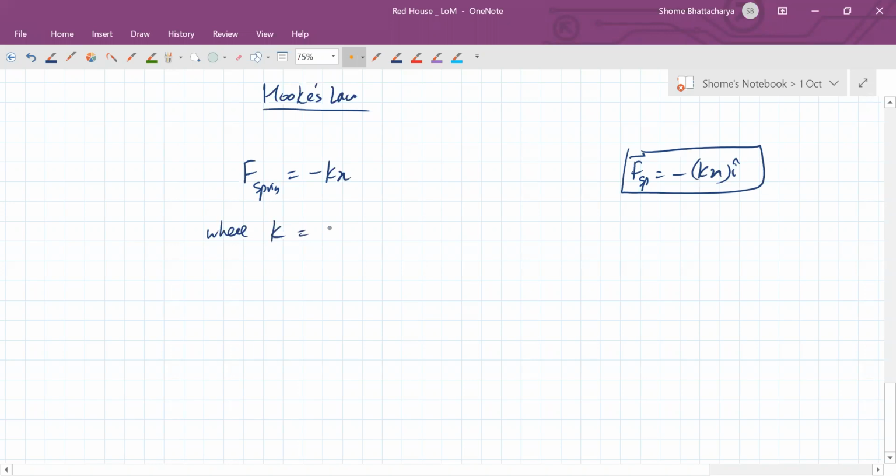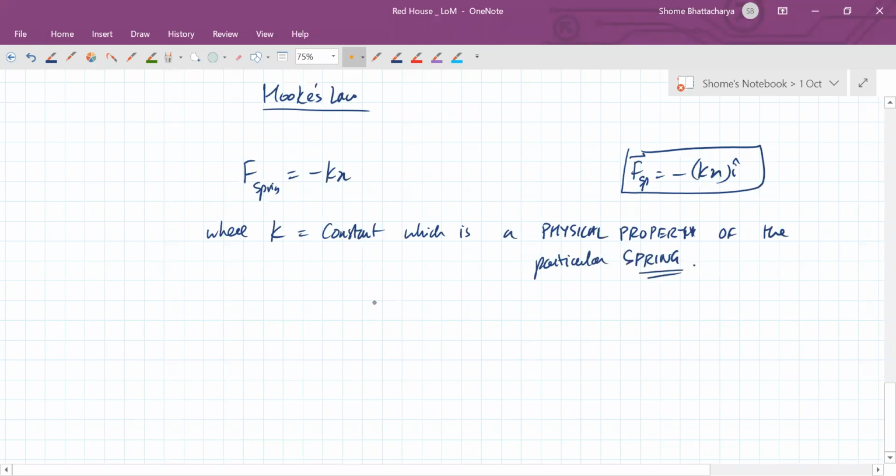In this, k is a constant, which is a physical property of the particular spring we are talking about, and therefore it is called the spring constant.